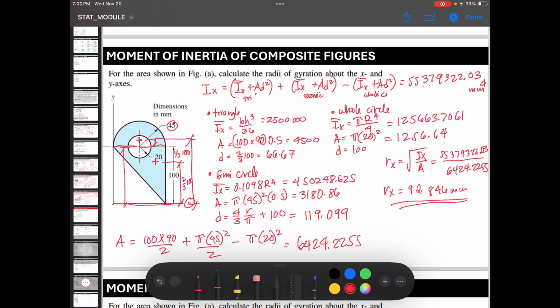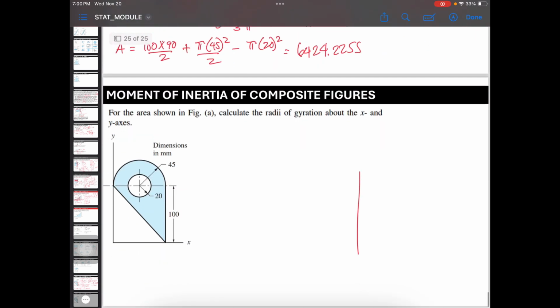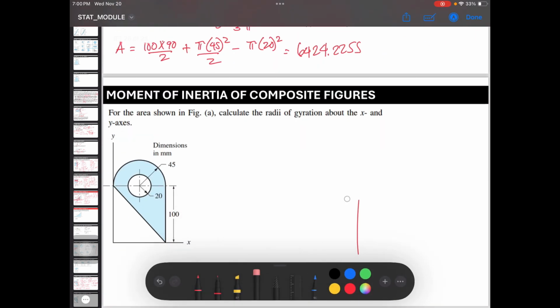Kung makita nyo yung sa book, 92.9 siya, kasi nag-round off siya, nag-scientific notation siya, diba? But still, same pa din yan. Maliit na decimal, difference.